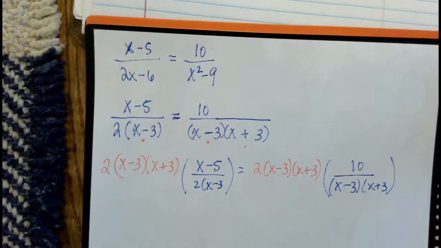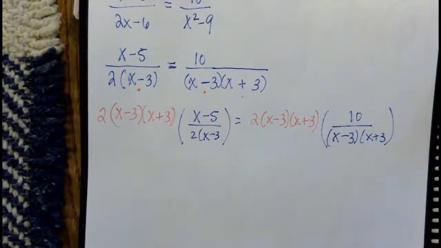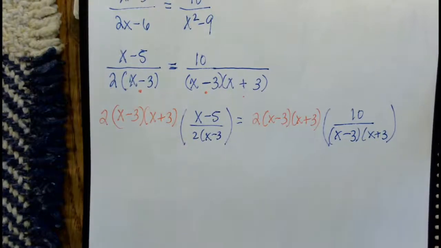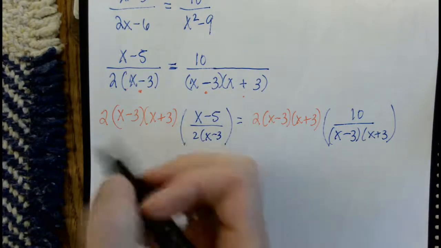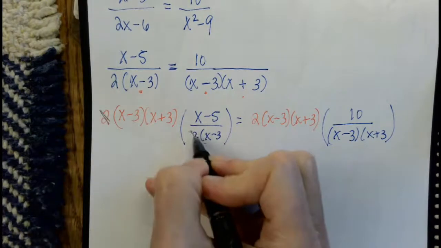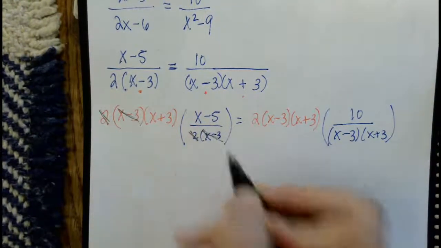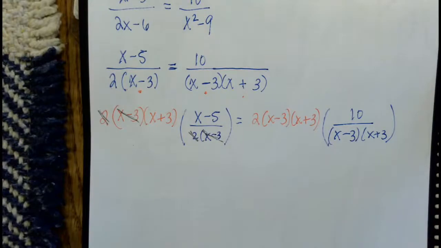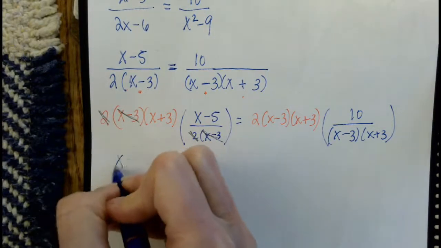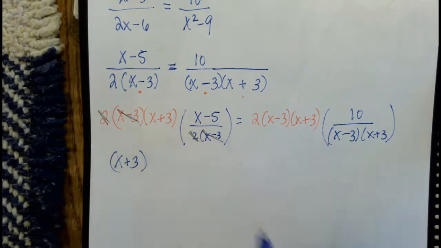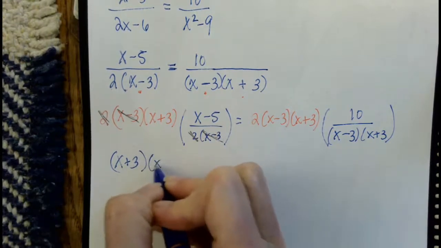And then when we take a look at this, what we're trying to do is see, can we cancel anything out? What I see on the left side is that there's a 2 up here, and there's a 2 down there. There's an x minus 3 here, there's an x minus 3 here, and what we're left with is the x plus 3 as well as the x minus 5.